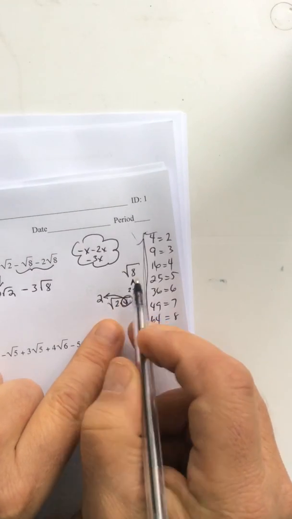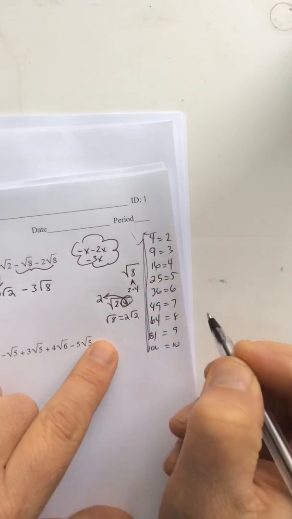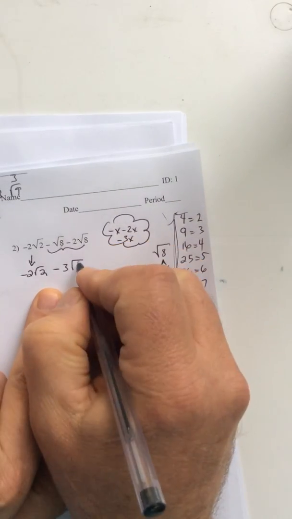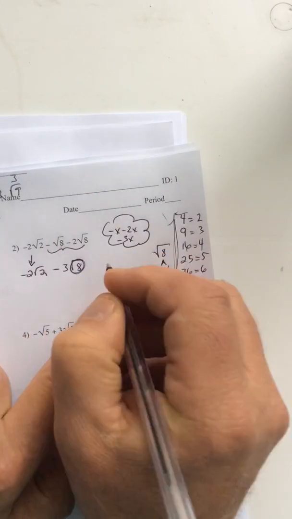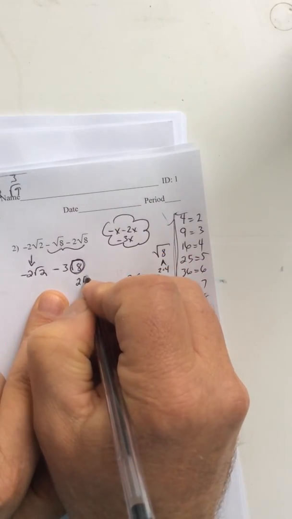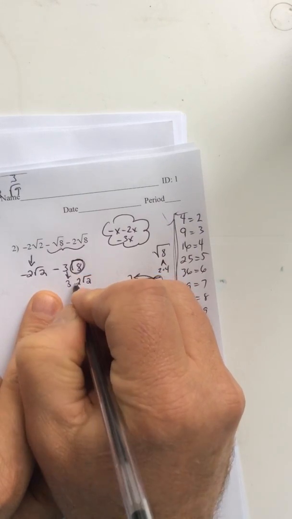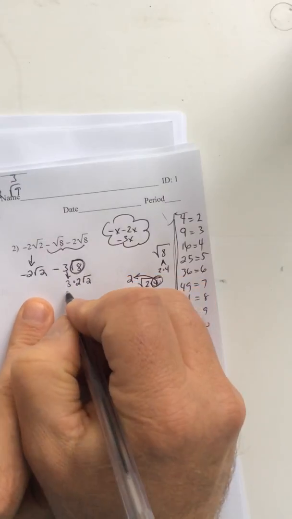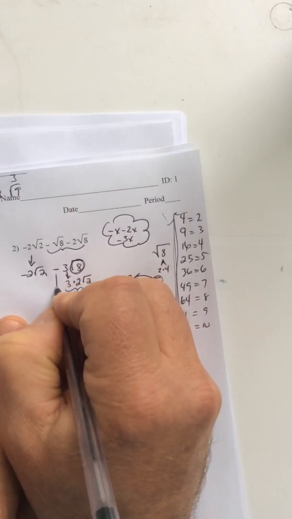So the square root of 8 is the same thing as 2 square roots of 2. That's what I want to do with that square root of 8 right there. It's going to get replaced with the 2 square roots of 2. And then that 3 is still on there, and there was nothing in between, so it was a multiply. So 3 square roots of 8 is the same thing as 6 square roots of 2.